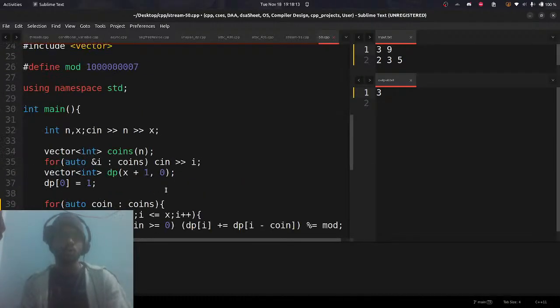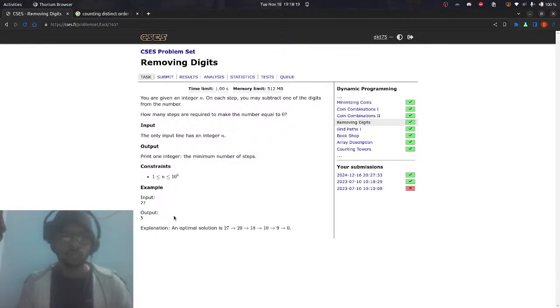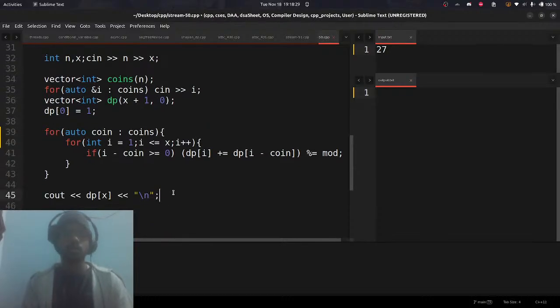Okay. I'm not sure if you get it, but let's implement it, and then you will be able to get the logic as well. For 27, the answer should be 5. Nah, let's not do it anything like this.